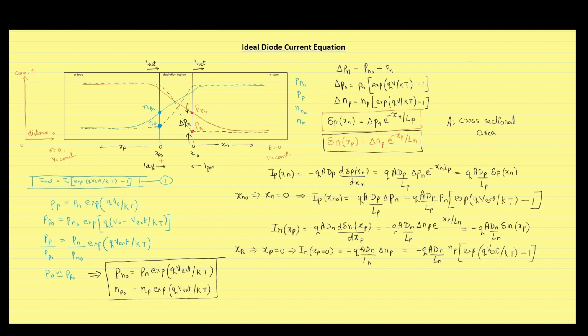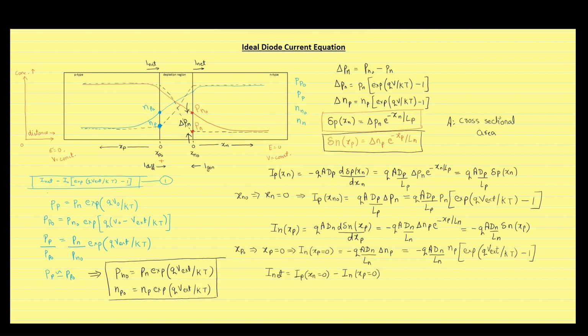Now we are going to do the most important step of our derivation, in which the net current is equal to current due to holes at the junction in the n-type region minus current due to free electrons at the junction in the p-type region.